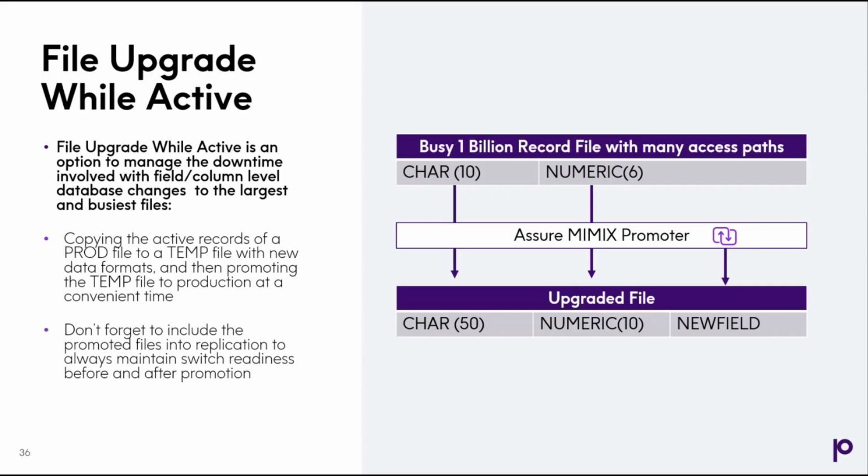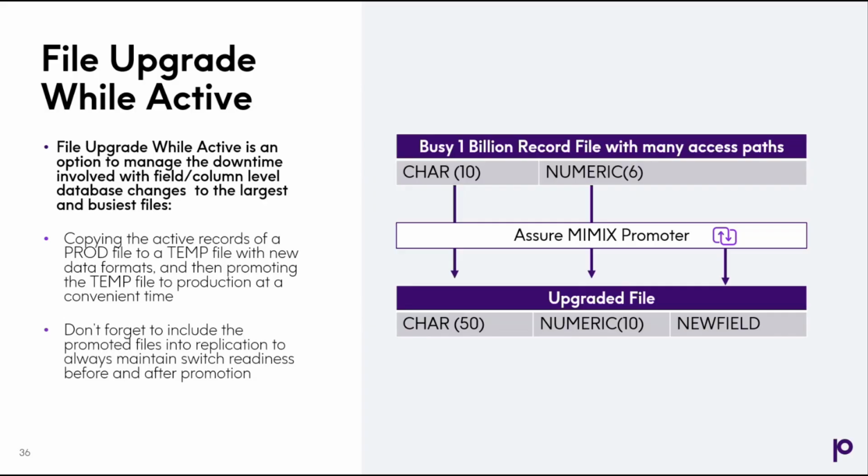The copy active file will copy it from 0 to 100% and then keep it in sync until you're ready for that short outage window, and then you can promote the file. Just like the other ones, we'll take this one out, that goes to archive, and then this one goes into production, and Mimix will follow all that. So it's a great solution. You have to have a good plan for it, but it will result in reduced downtime for you.